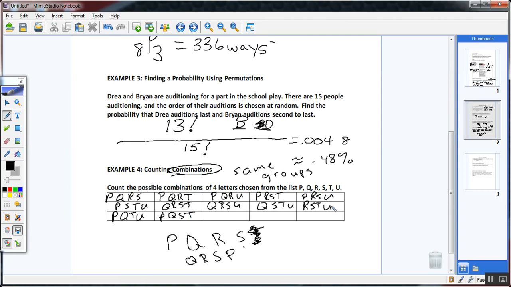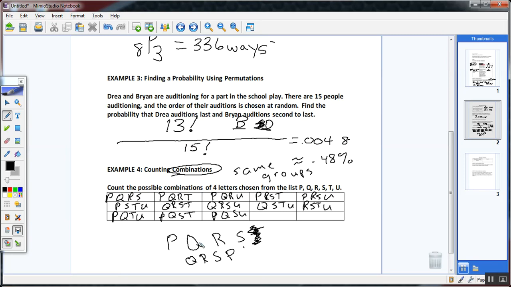Yeah, R, S, T, U. How about P, Q, S, U? You guys see P, Q, S, U up there at all? No. Okay, now I don't know what the last 2 are, but I'm just going to tell you there's 15 different ways up here.